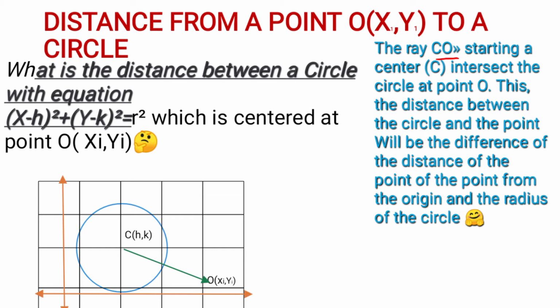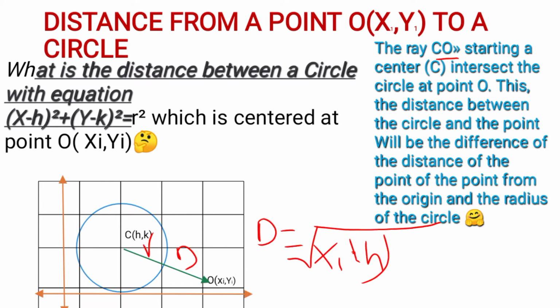The distance I'm talking about is here. Here is the radius. So through the distance formula, which you have already gotten, it is the square root of x1 minus h squared plus y1 minus k squared, remember the square root covers all, minus the radius.